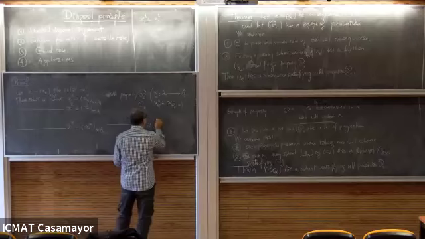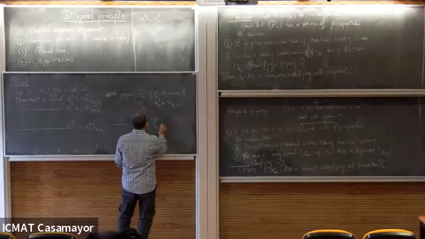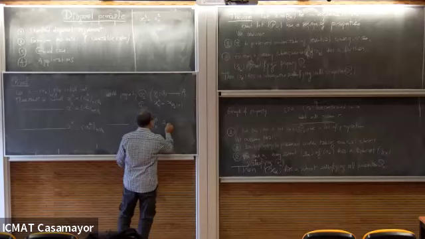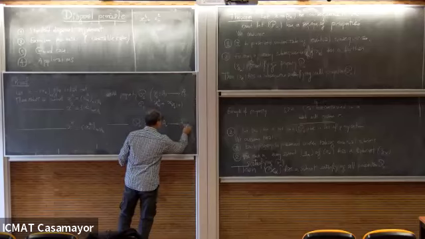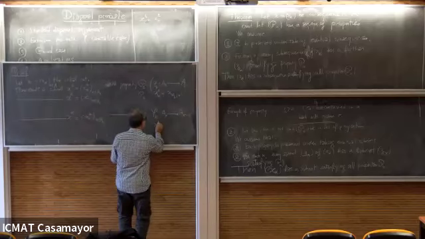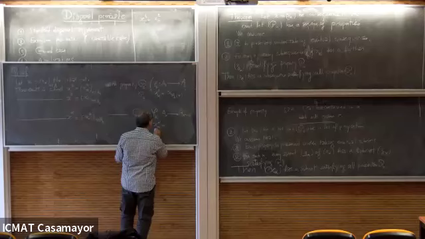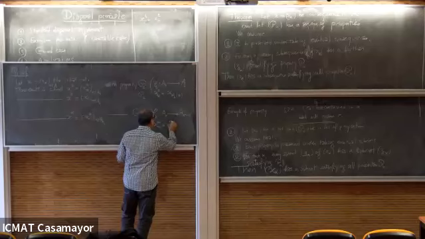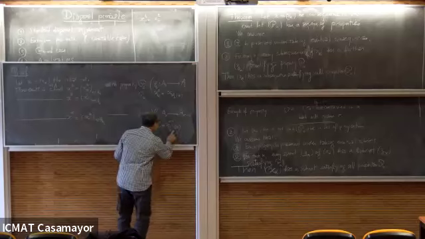And here we need some cofinal map phi k from Ak to Ak minus 1, such that Xk alpha equals X phi k minus 1, k minus 1 of alpha. No, phi k.